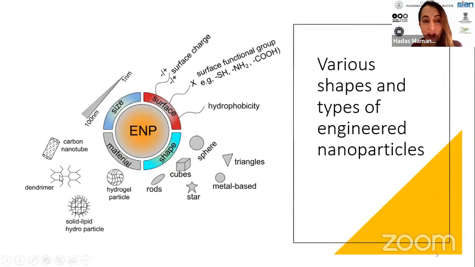Then another important feature is the materials. For example, personal care products, sunscreens, and cosmetic products contain zinc oxide and titanium dioxide. So these nanoparticles are subjected to different alterations in water. Therefore, when they reach water, they can be subjected to alterations.